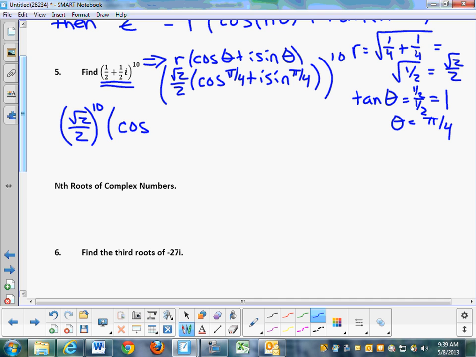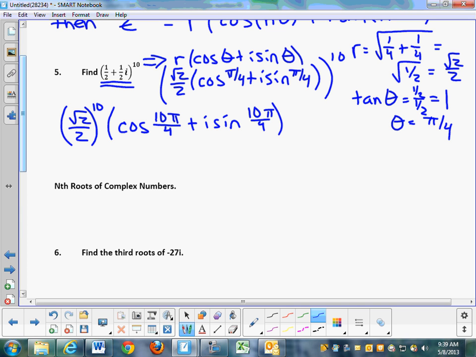Multiply them by 10. So I have 10 times pi over 4 plus i sine of 10 times pi over 4. We're not quite done. We're really close.